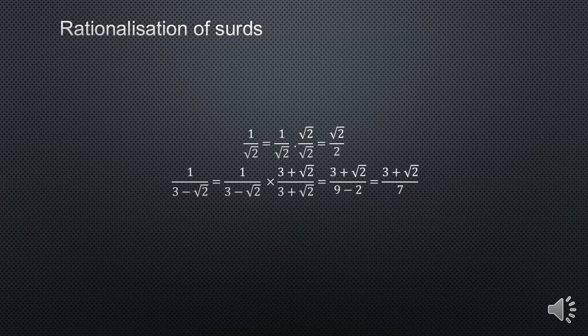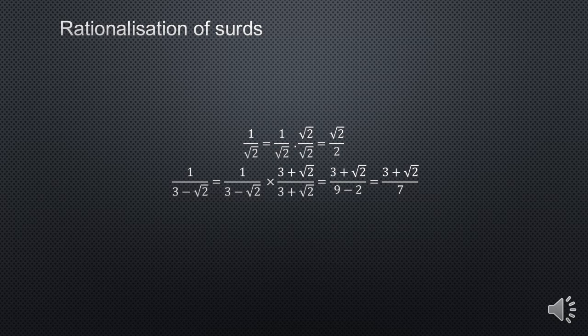Now it's a bit different when we have a denominator with two terms. Here we had only root 2, but here we have 3 minus root 2. When we have 3 minus root 2, what we do is change the sign and multiply up and down. So we're going to have 3 plus root 2 multiplied up and down.